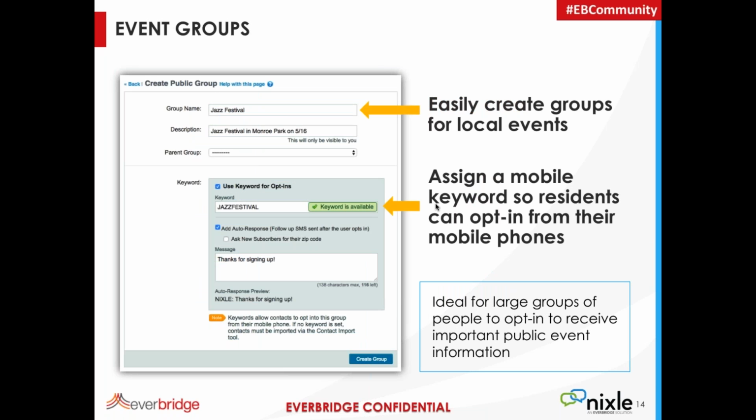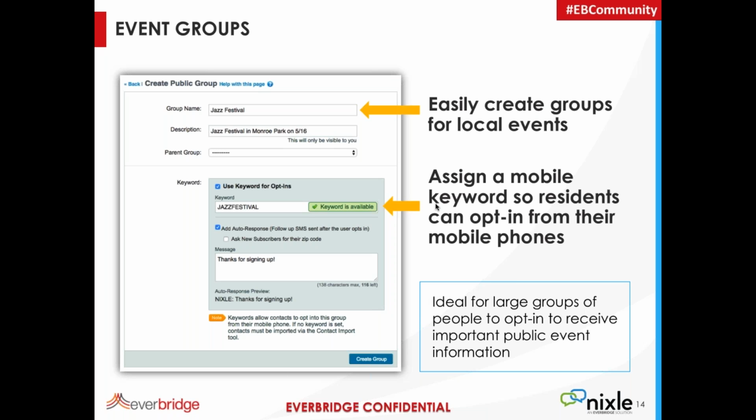But another way to get people to opt in is very similar to the zip code. It's actually identical from an interaction standpoint, right? A resident texts something to 888-777. But we call these event groups. And the idea is, if your agency has something going on in town, let's say you have a Labor Day weekend parade coming up, and you want people to opt into a specific group.